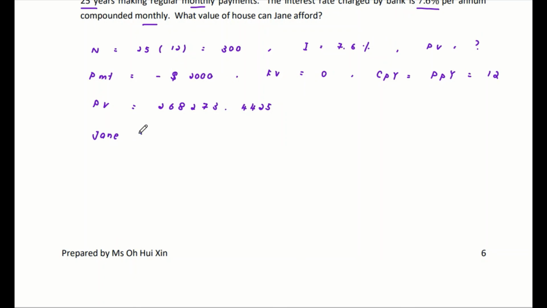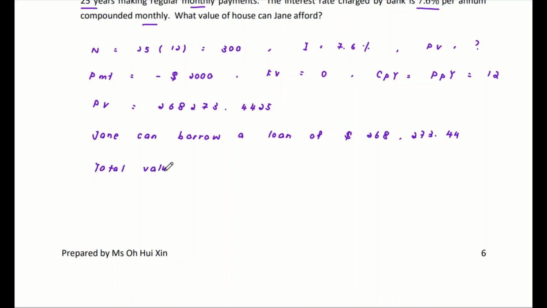So Jane can borrow a loan of 268,273.44. That's the amount of money that she can borrow. From there, I'll be able to find out the total value of house that she can afford.